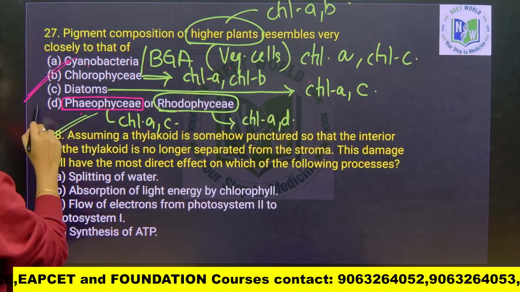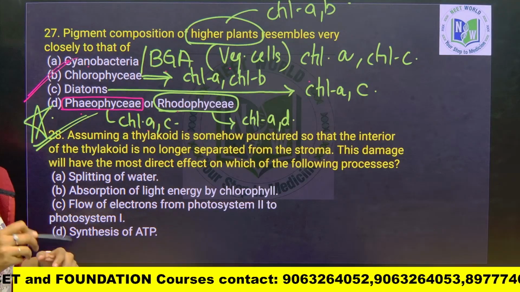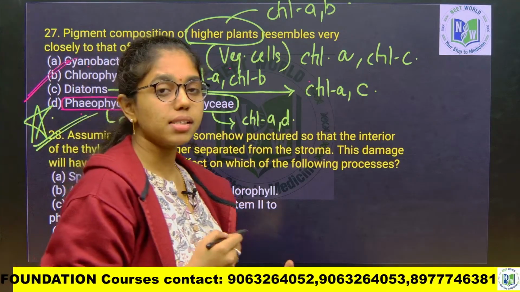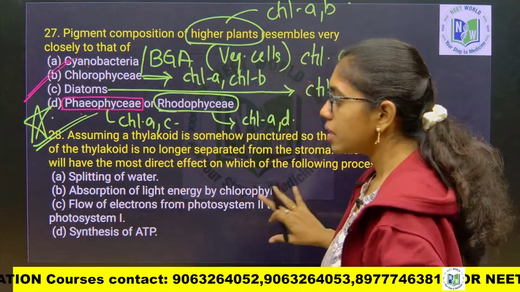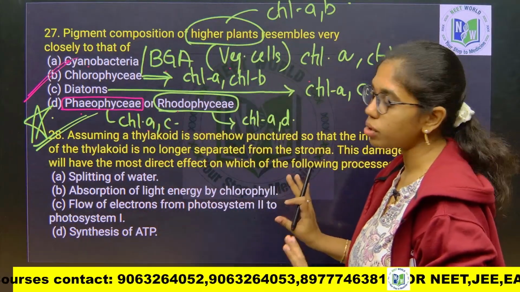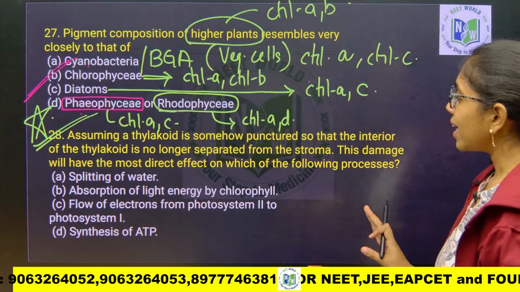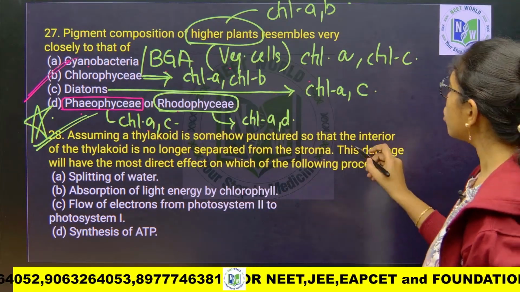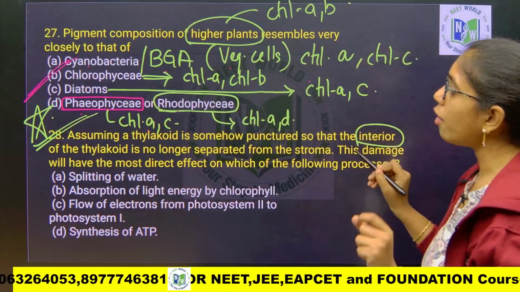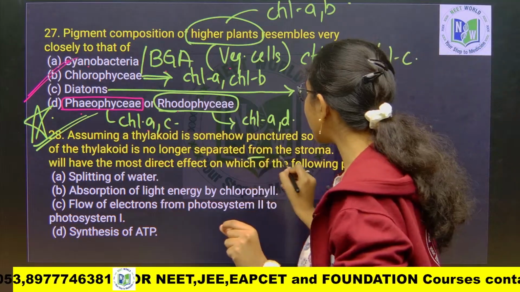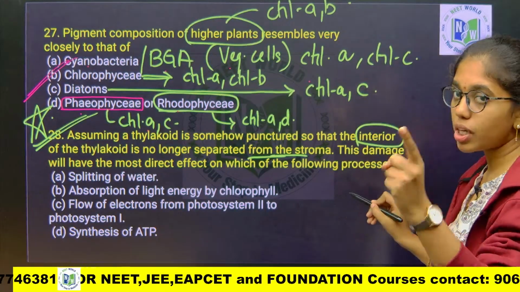So this is an application based question. To the students who want to exercise advanced questions, this is one of the advanced application questions, look into it properly. Assuming a thylakoid is somehow punctured so that the interior of the thylakoid is no longer separated from the stroma. Picturize the content.